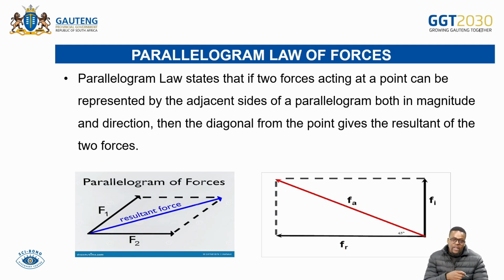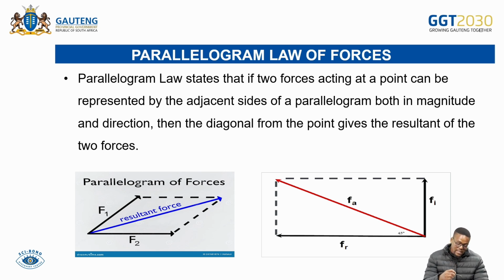So now, if you are stating the law of parallelogram, the law of parallelogram states that if two forces acting at a point can be represented by adjacent sides of a parallelogram, both in magnitude and direction, then the diagonal from that point gives the resultant of these two forces, right?